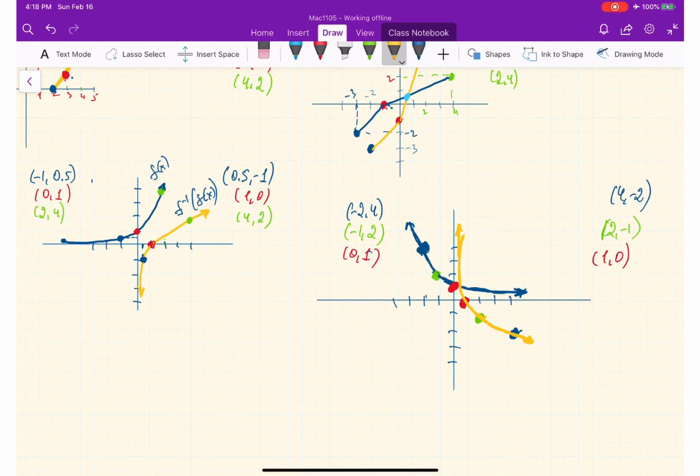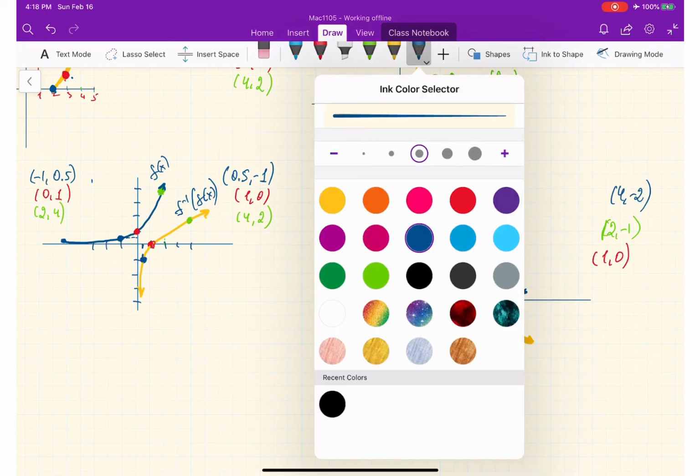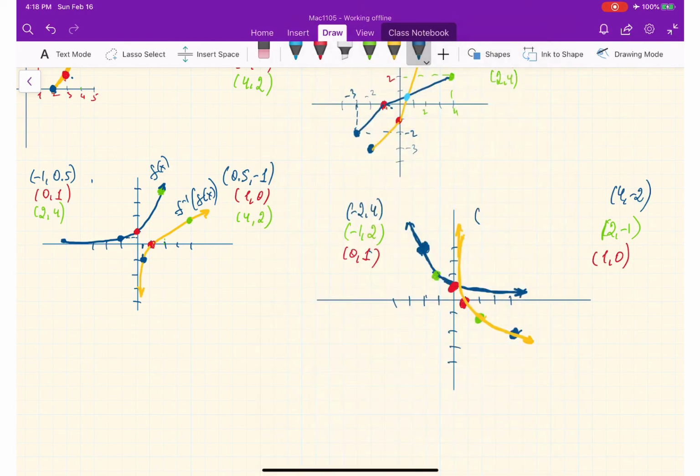Okay. And this is going to be our inverse. And this is f of x. Okay, hopefully this will help, and I'll see you at the next recording.